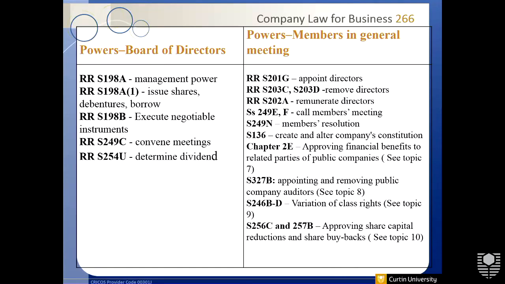However, if the company does not have its own constitution and adopts the replaceable rules, then replaceable rule 198A tells us that the powers are generally vested with the board of directors. Okay? And under that, they can issue shares, debentures, borrow, they can do everything.